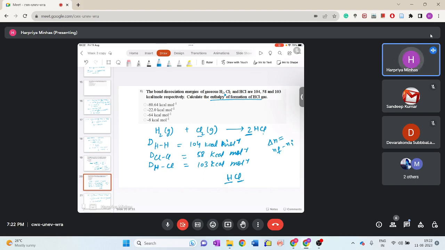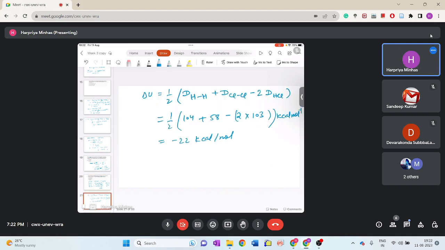There are 2 moles on one side and 1 plus 1 from the other, so your change in moles will remain 0. So instead of PV, I am writing Δn RT. So this term will be 0 overall.